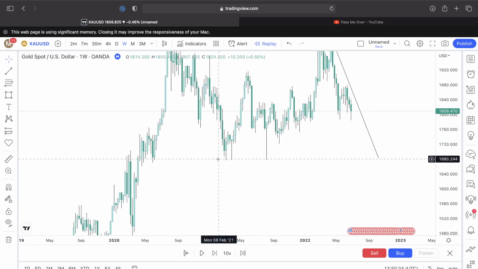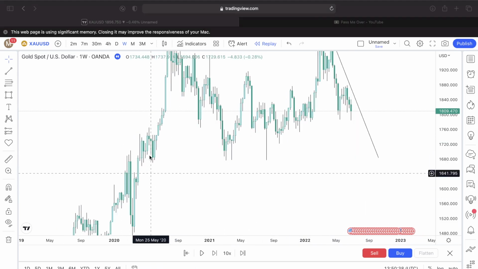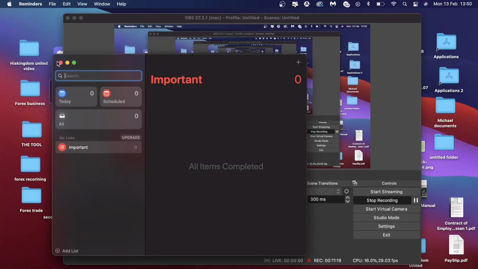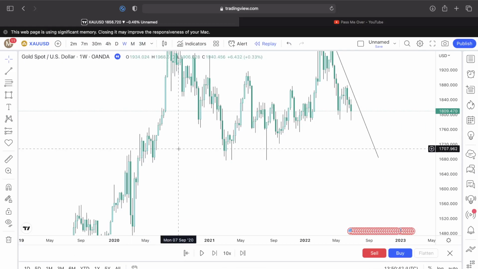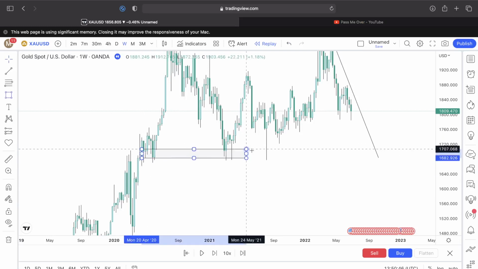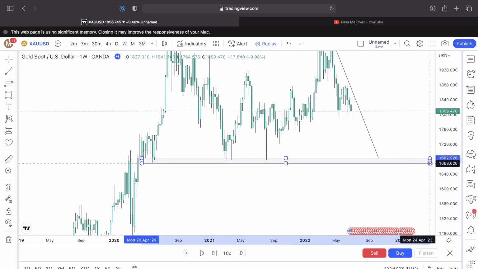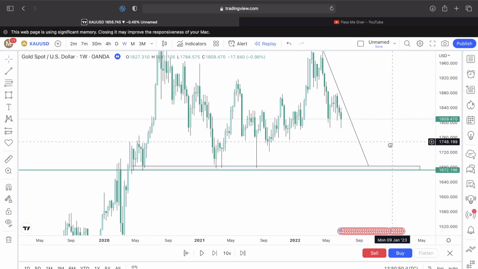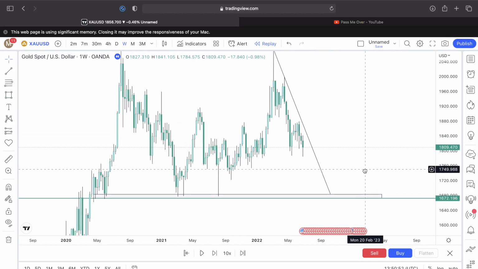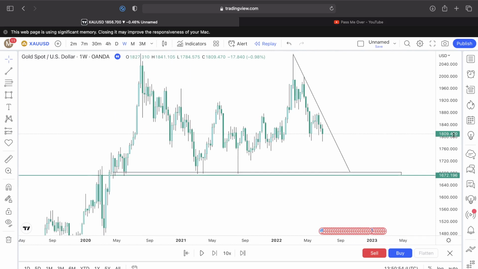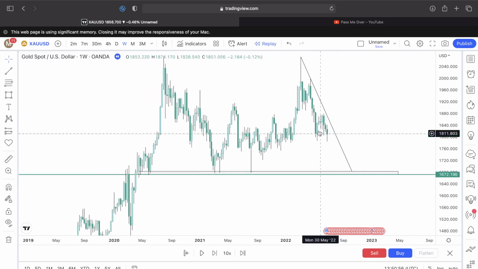So we still know that here there's an area of resistance, all right? We know that price is still on the uptrend, right? We know that, okay? But we just don't know for how long. We have no clue for how long, and we also don't know if there might be a possibility that it might break here.